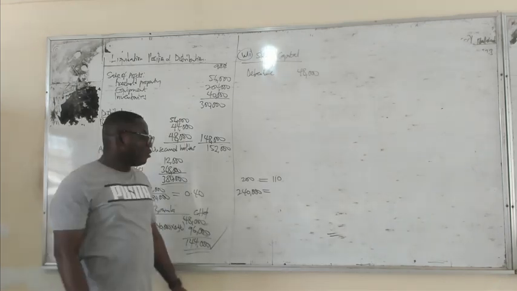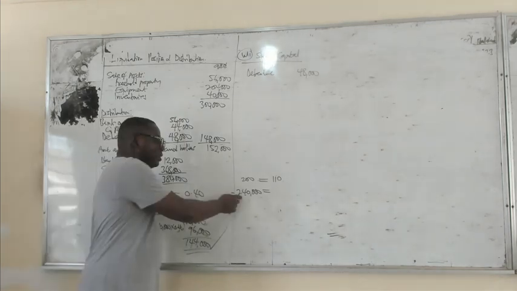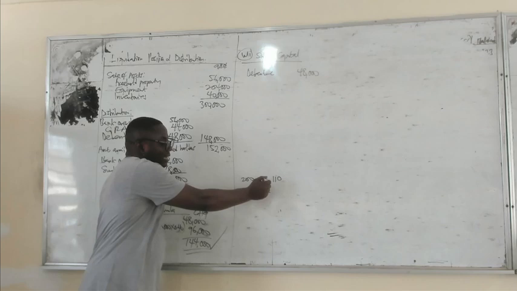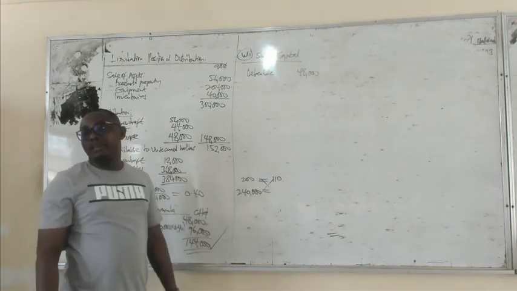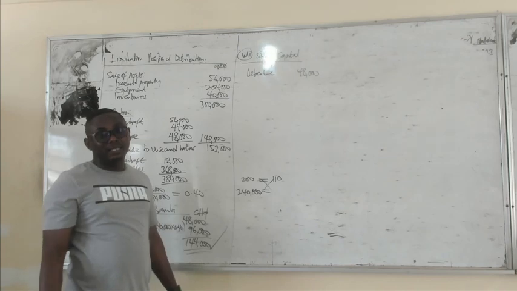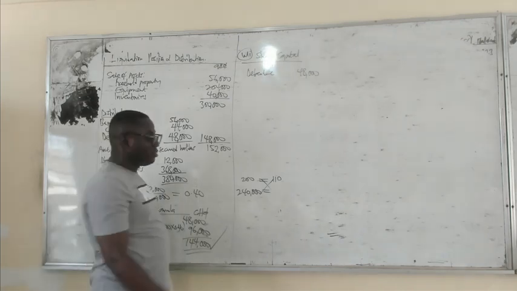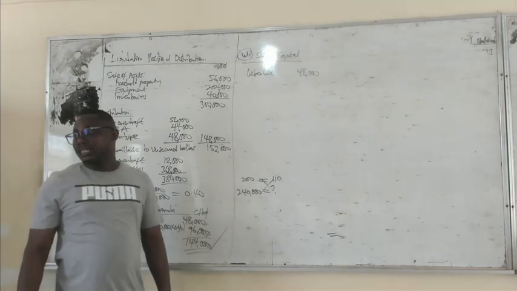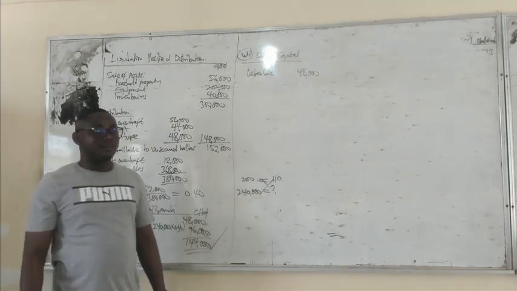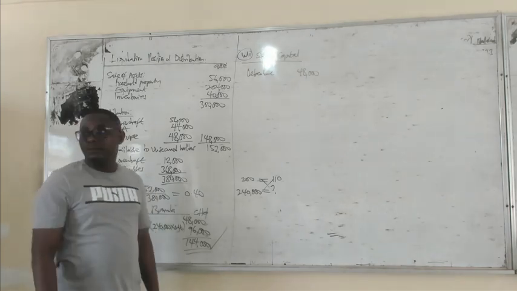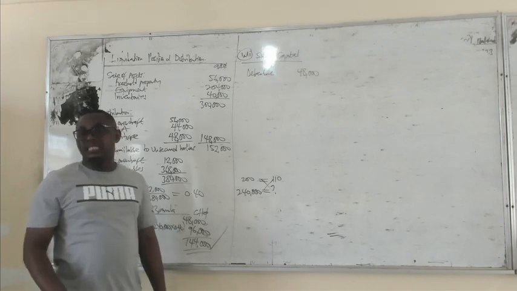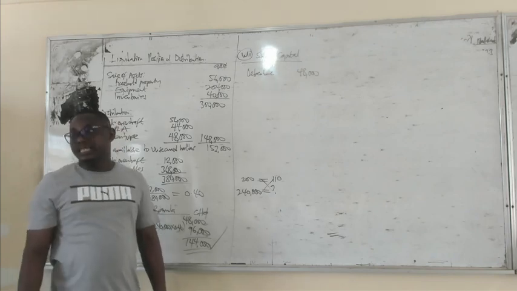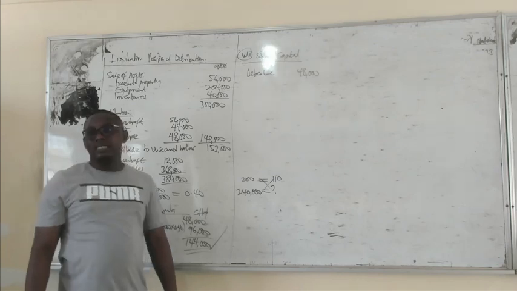So it's going to be 240,000 times 110, cross multiplication, divided by 200. So we just apply small mathematics here. Let's calculate it. 200 Ghana cedis will be given 110 shares. Therefore, for 240,000, how many shares will be given to you?